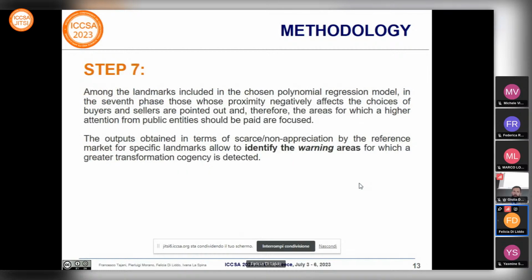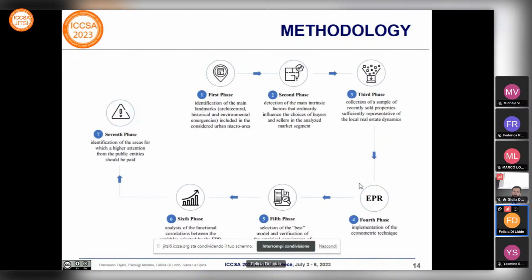Among the landmarks included in the models, in the last phase, those whose proximity affects in a negative way the choices of buyers and sellers are pointed out, and therefore the warning areas are focused. The graph shows the steps in a flowchart in which each phase is fundamental to carry out the next one, in line with the overall goal of defining the temporal priority list for urban redevelopment projects.